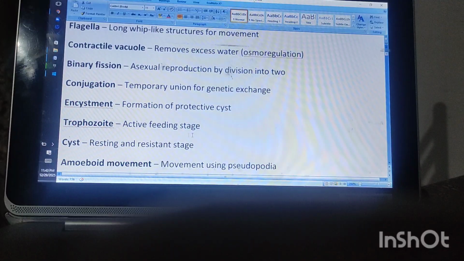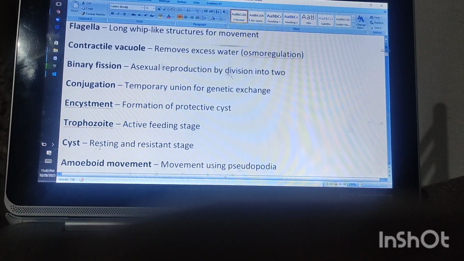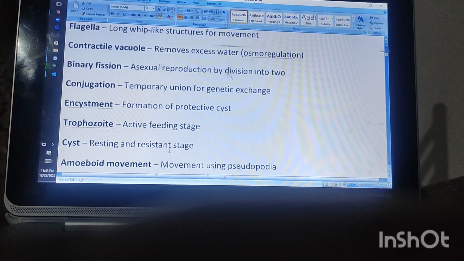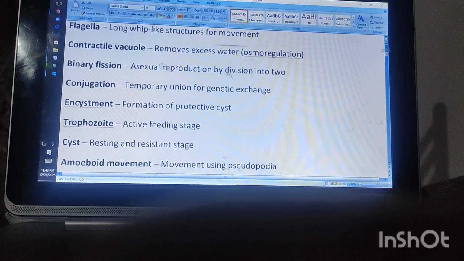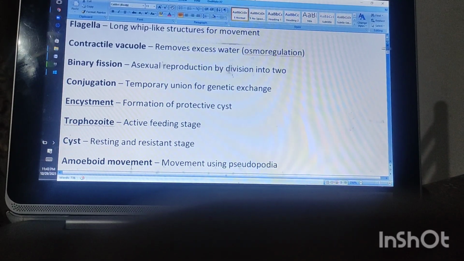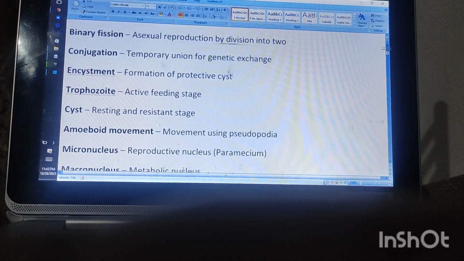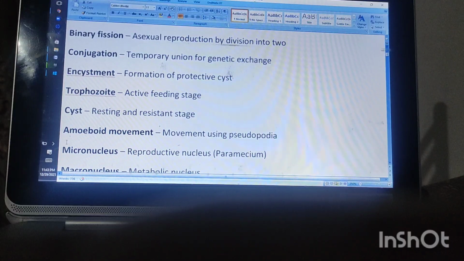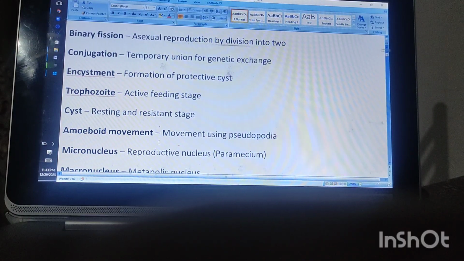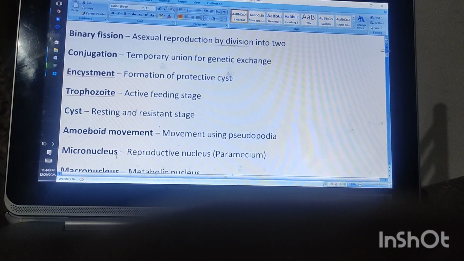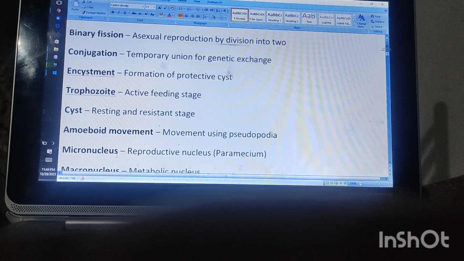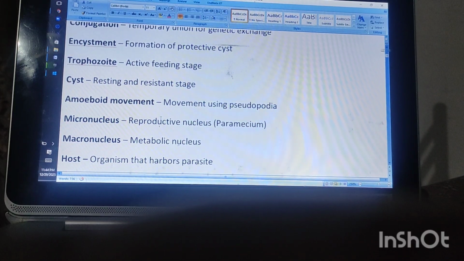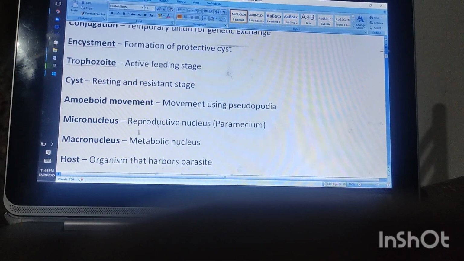Trophozoites, active feeding stage. Cyst, resting and resistant stage of an organism. Amoeboid movement using pseudopodia, which is present in the amoebae class. Micronucleus, you know well, micronucleus and macronucleus both are present in paramecium.